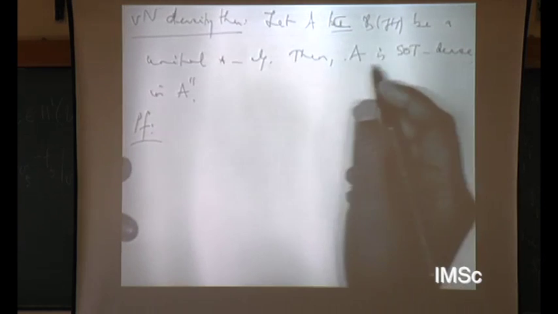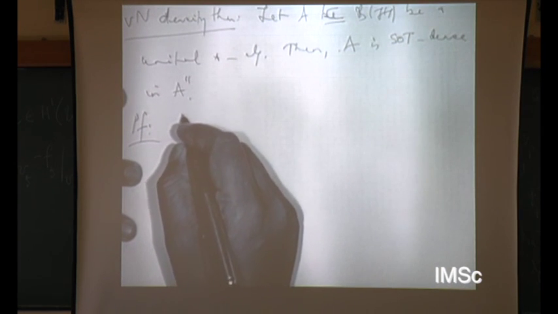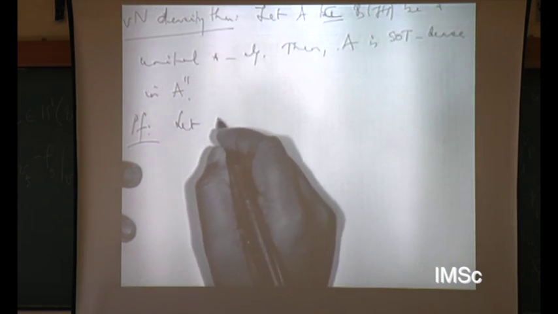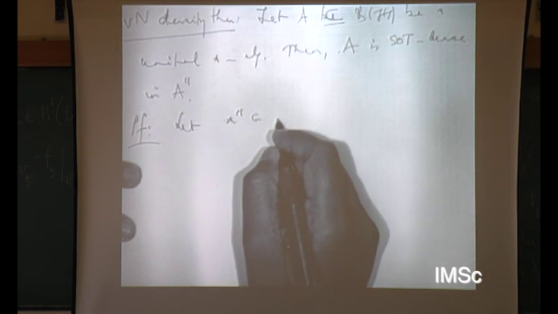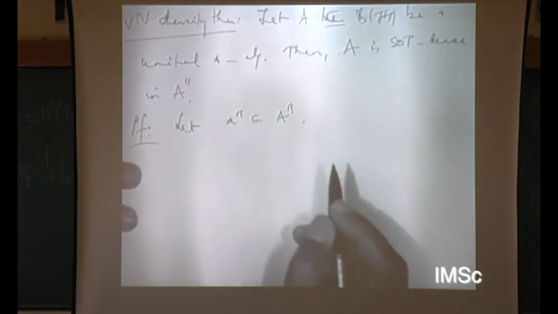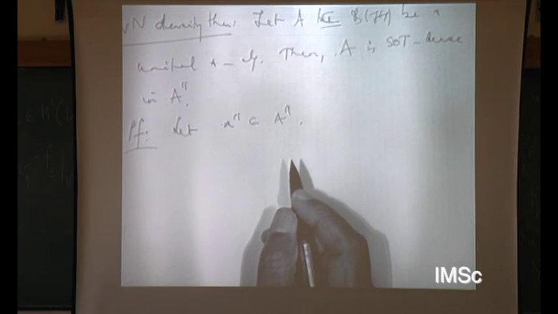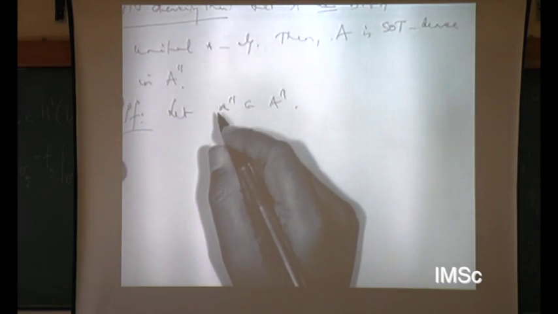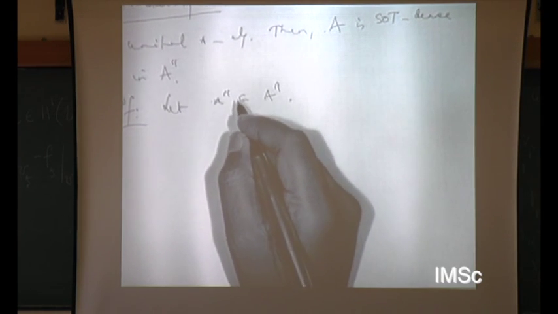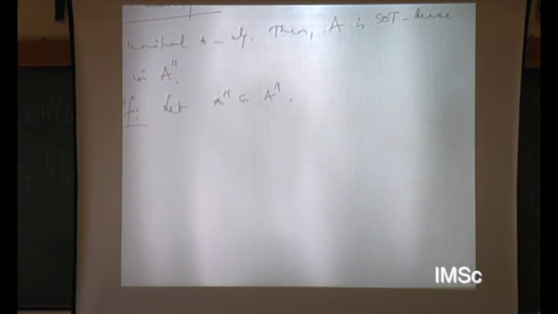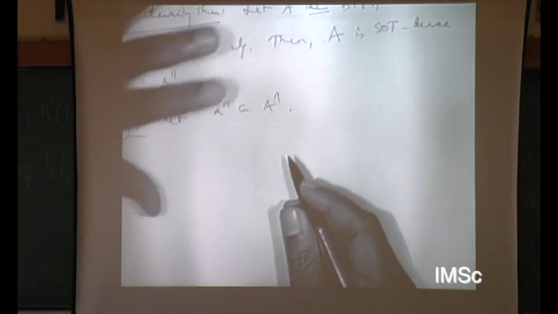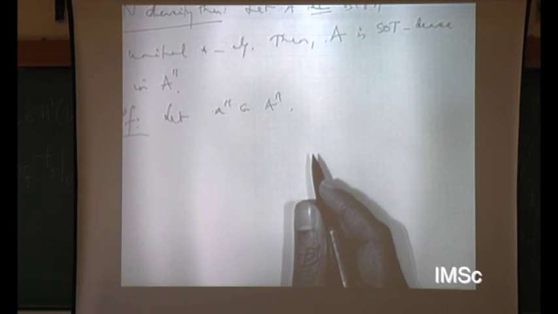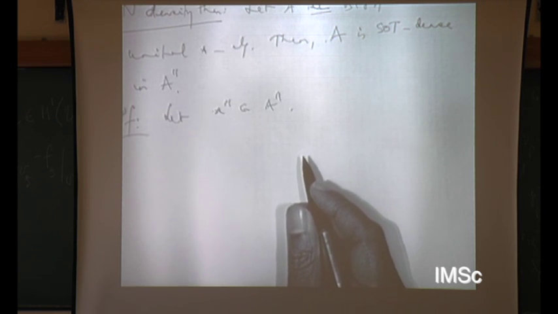So you want a subbasic open neighborhood. Okay, so what do we need to prove? So let A double prime in A double prime. Now I want to take a subbasic open neighborhood only. So what does the subbasic open neighborhood of A double prime look like? You take one vector xi and look at the seminorm p xi.